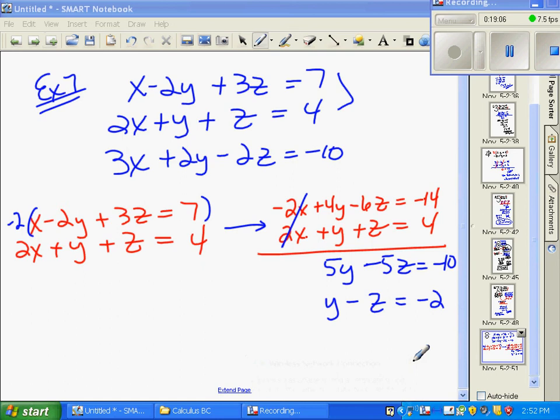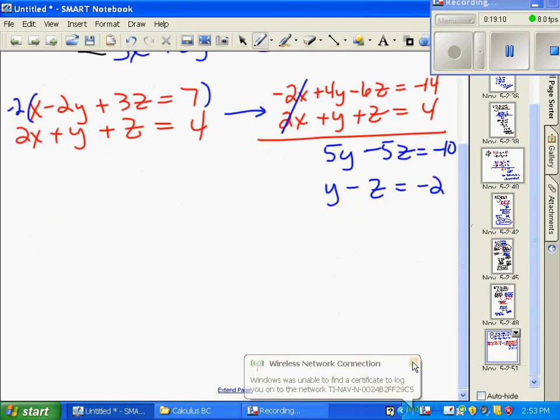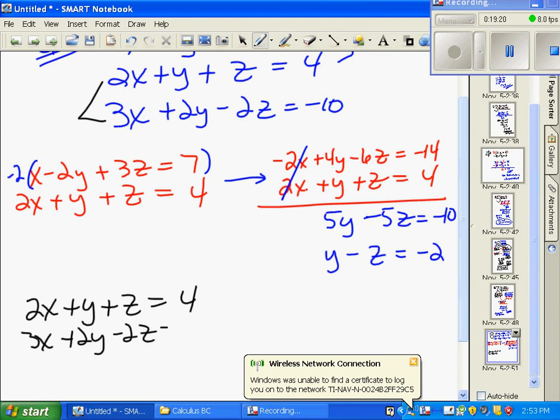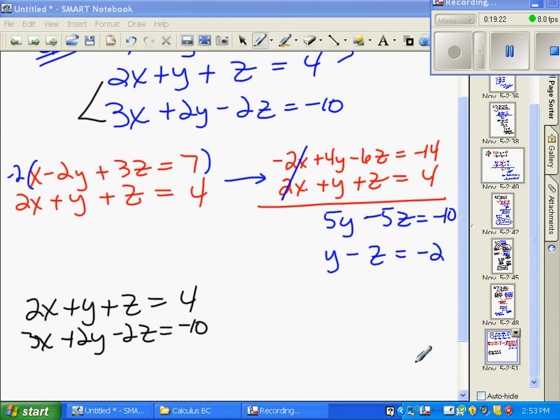Okay, next thing I'm going to do is put the second and the third equation together. So when I do that, 2x plus y plus z equal to 4, 3x plus 2y minus 2z equal to negative 10. It might have been easier to eliminate the z's to begin with. I'm seeing that now, but I've already eliminated the x's, so we're going to continue with that, and this is good review.